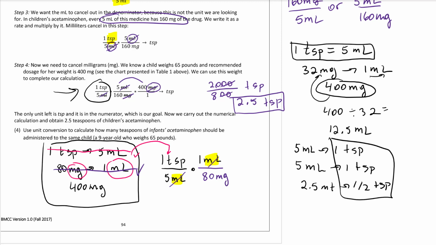And finally, the 400 milligrams is going to go in the numerator. And then you can put over one dose or one whatever, because it's just 400 mg. And you put it on top so that you can then cancel this unit. And then you'll end up with what you have.